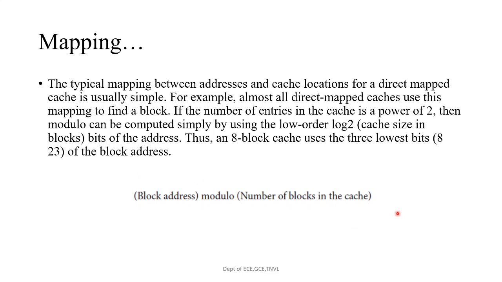Or, indirectly, we can just take the lower order log 2 of cache size in blocks bits. For example, if the cache size is 8, then the lower order 3 bits can be used to map into the cache memory, which is directly mapped with respect to the memory address.